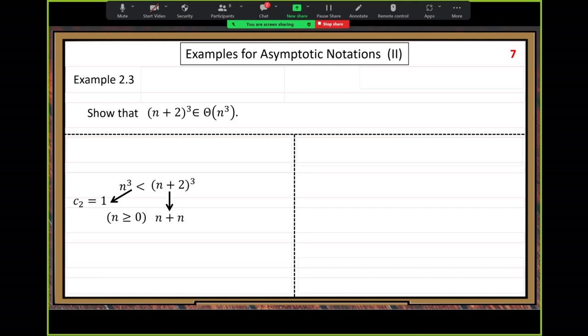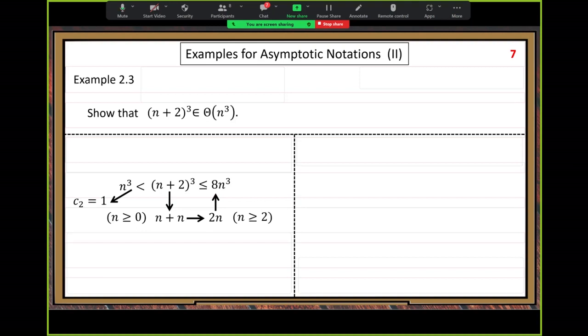Upper bound, this time. Still based on our previous example, we replace 2 by n to make it larger, but when you replace like this, you require n greater or equal to 2. Now you take the cube of 2n, so you get 8 n cubed.